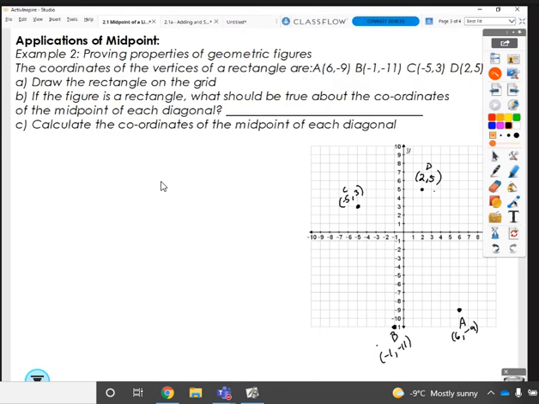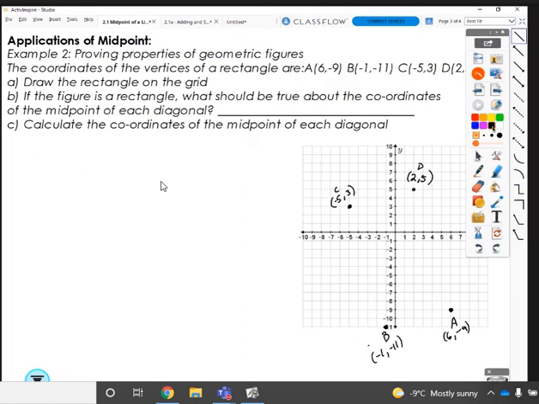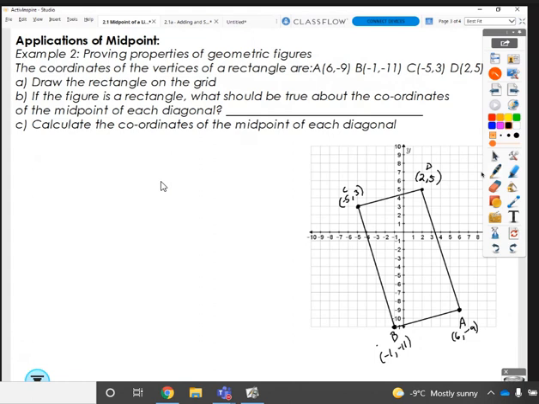Okay, so I'm pulling out some sort of straight edge here. I'll try my best. Okay, good. Lovely. Looks like a rectangle, right?